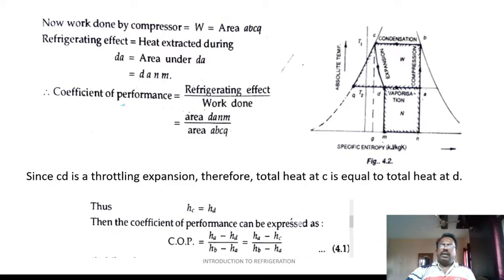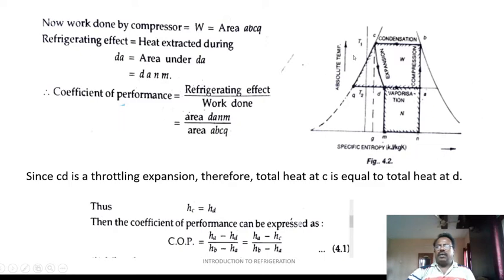So in this case, after the compression, let us discuss what happens when the vapor condition is wet, or the vapor condition is dry, or the vapor condition is superheated. Let us consider the TS diagram, that is, the temperature entropy diagram, by plotting the graph.